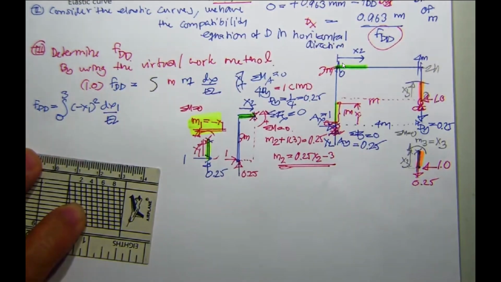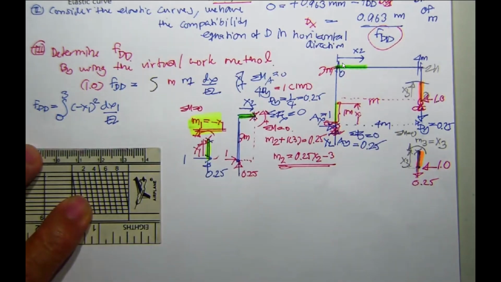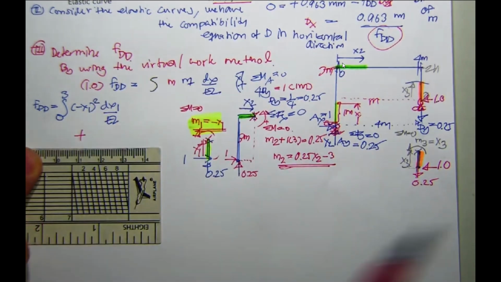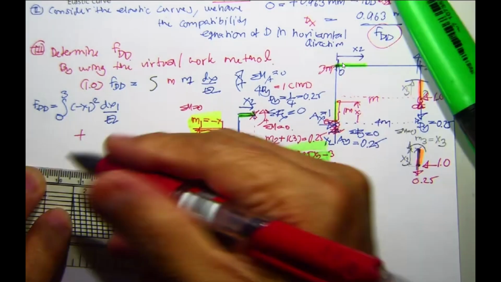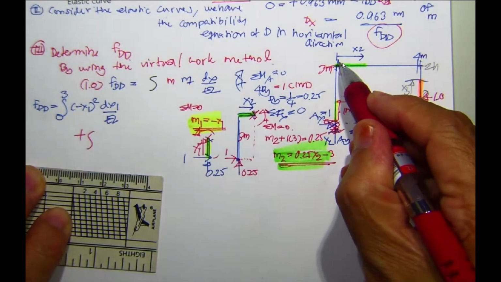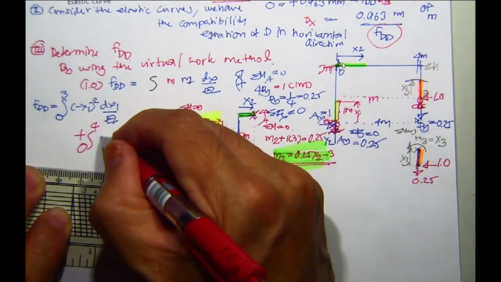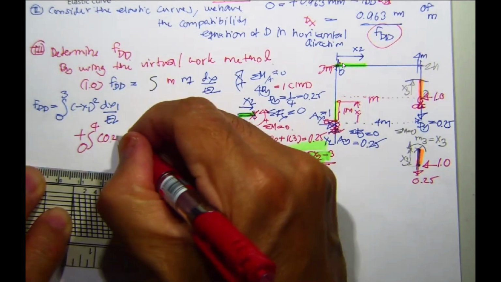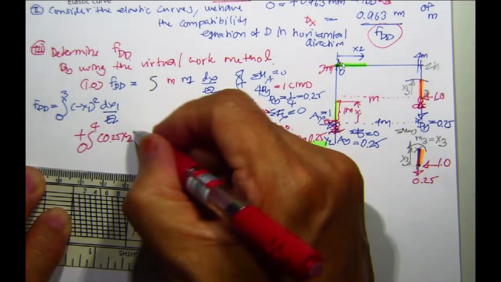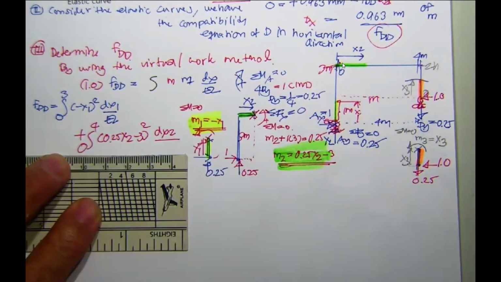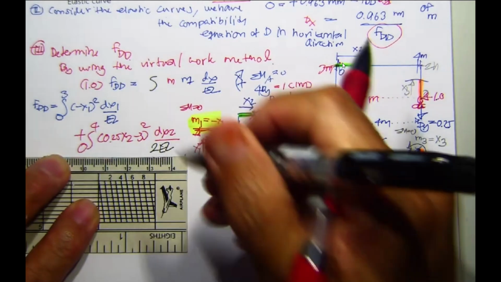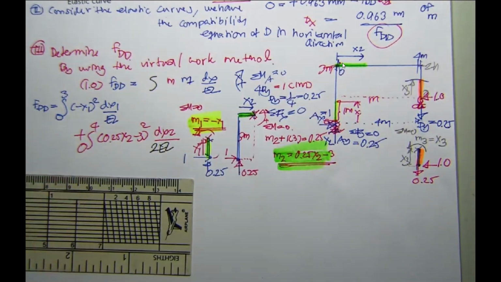Then plus the second one, we have this m2, integrate from 0 to 4, 0.25 x2 minus 3 squared, dx2 over 2EI, because the beam has double the moment of inertia.